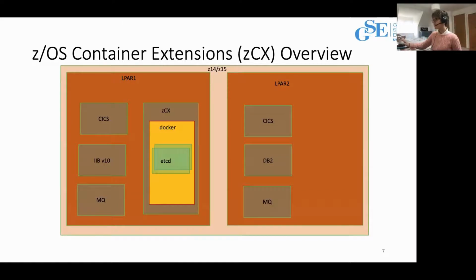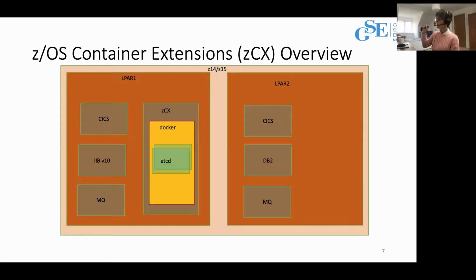It's not on ZLinux, you don't need IFLs, you don't need anything clever. This is running Docker inside a cut down version of Ubuntu, running as an address space started task on ZOS. This is fantastic. This is bringing Docker and the whole Docker ecosystem to ZOS.